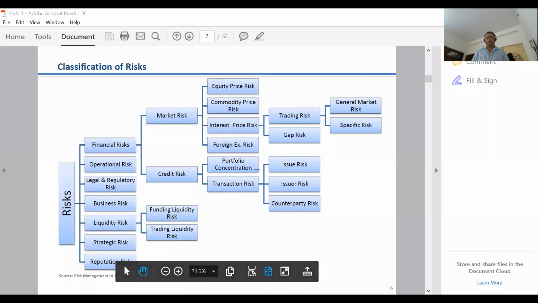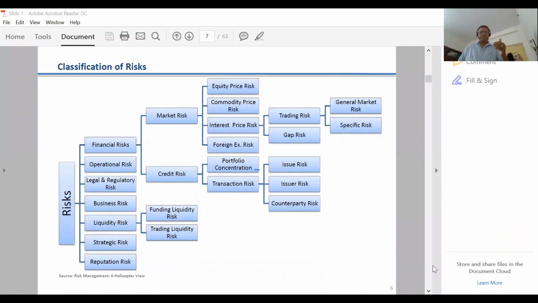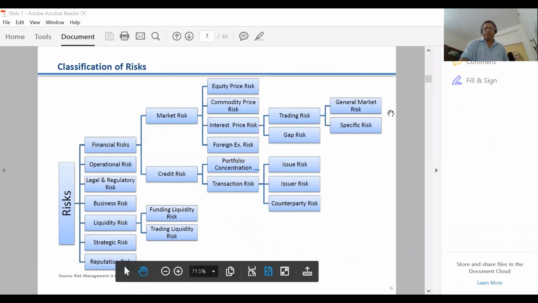So we will go through and see a certain classification of financial risk. All right. Let us see the classification. Here I have given you the entire classification of risk. But in today's session we will see two major risks which we can understand.